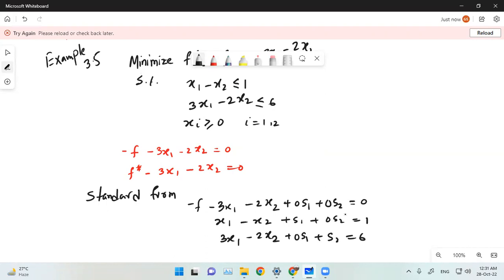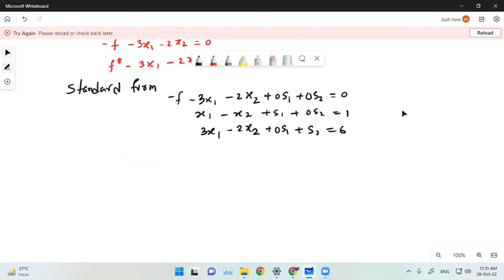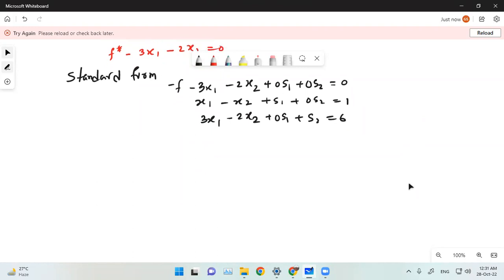Once we have the standard form, our next objective is to form the table. So, the initial iteration.